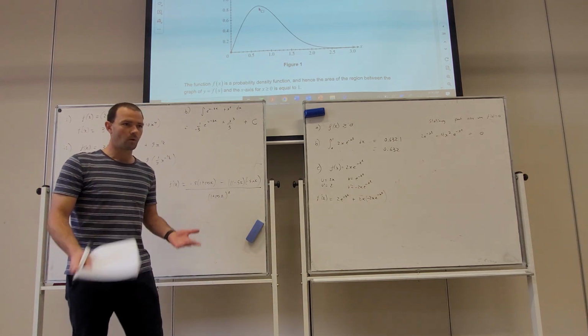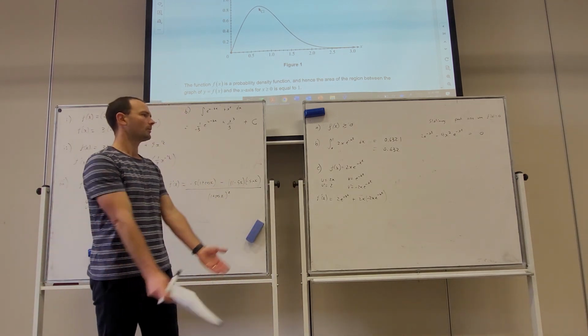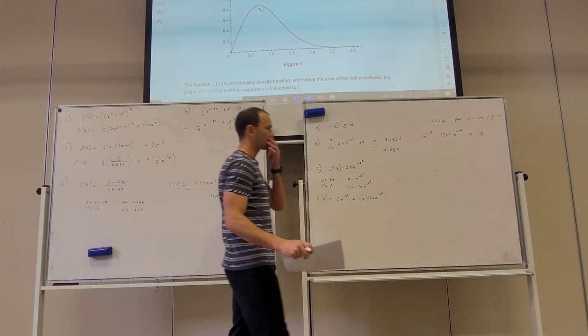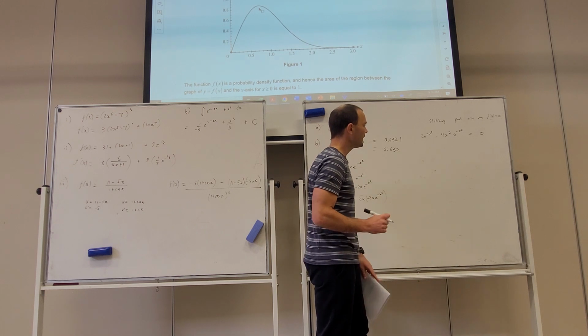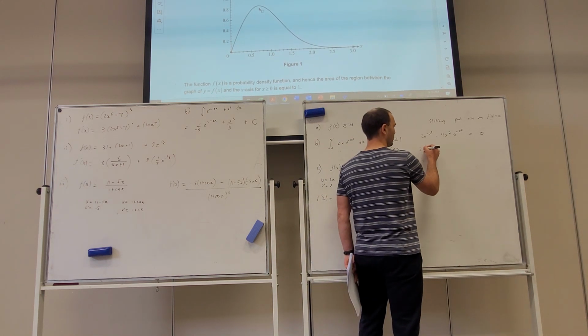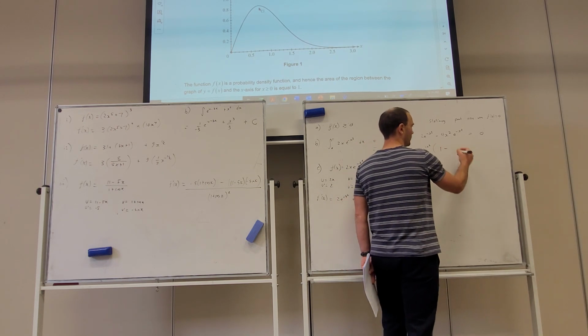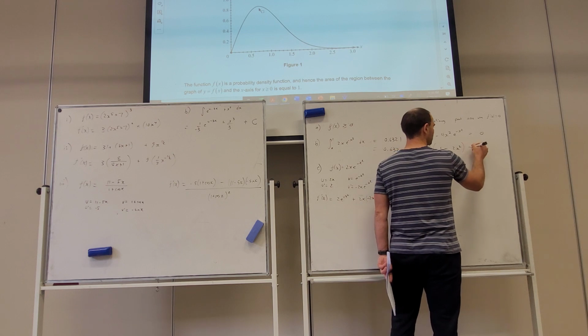So straight away, whenever we have to solve something like this, we're going to factorize. We're going to say, what can we pull out the front that we can factorize? So we've got 2e to the minus x squared is common to both terms. So let's pull that out the front. And we're going to be left with 1 take away 2x squared.